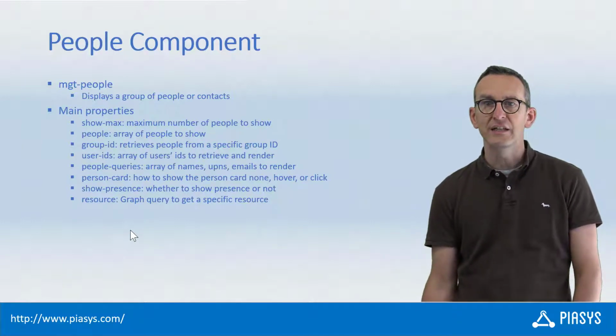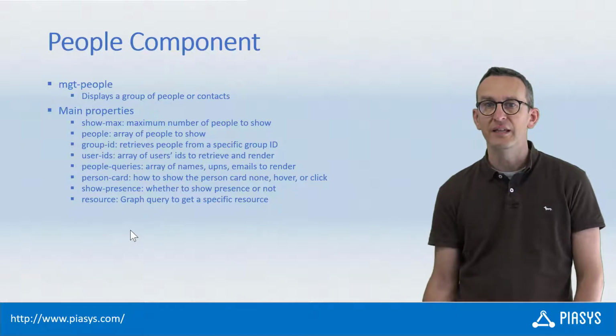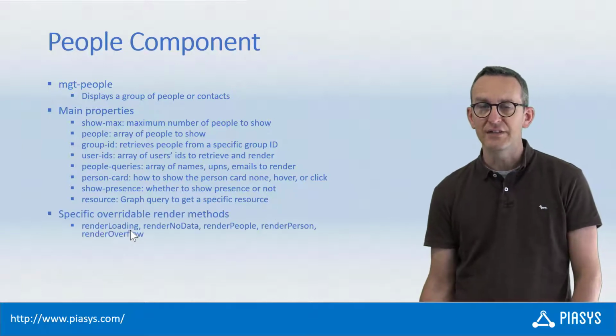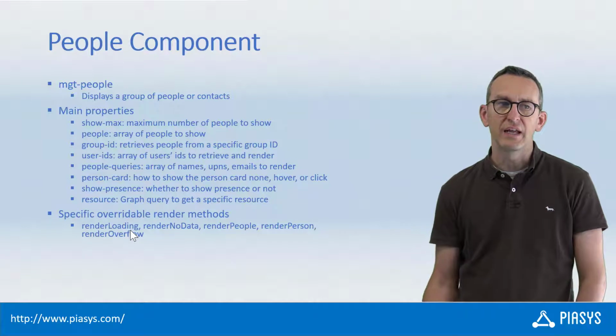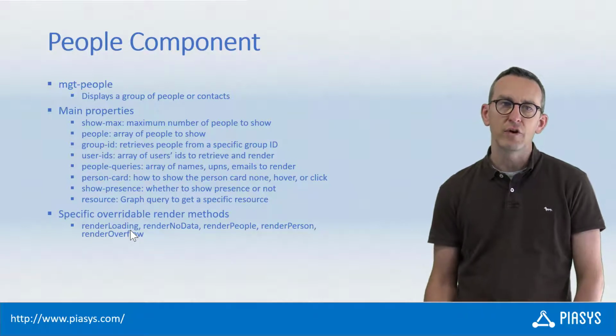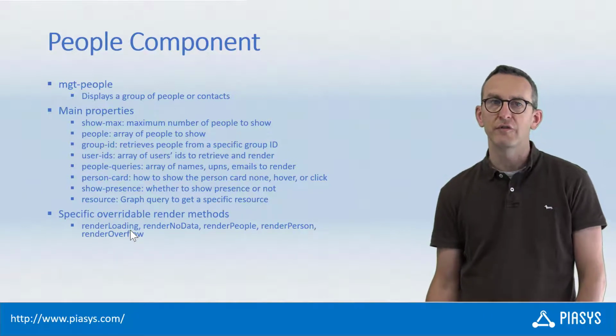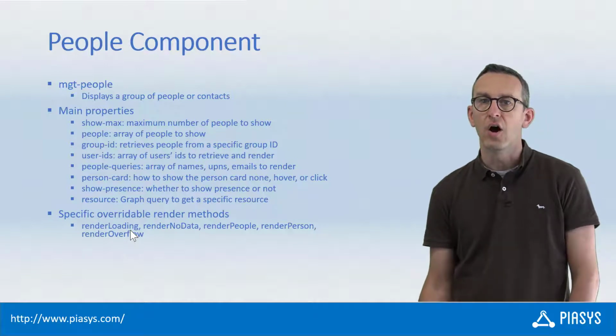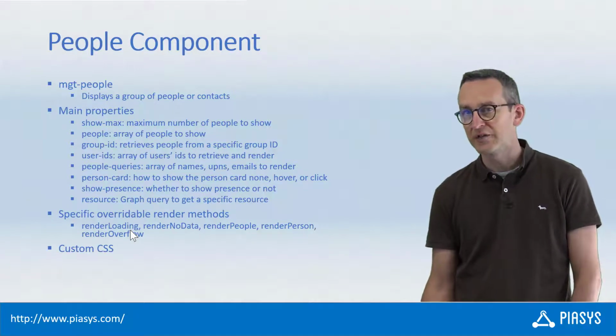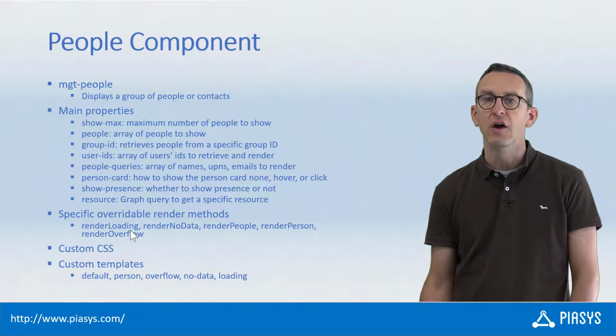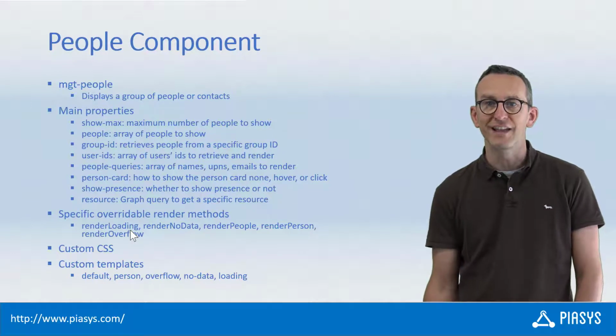We can declare the maximum number of items that we want to see, and as before, we can provide the overriding in extensions of specific methods of the component, as well as we can customize the CSS style or the template for rendering the items.